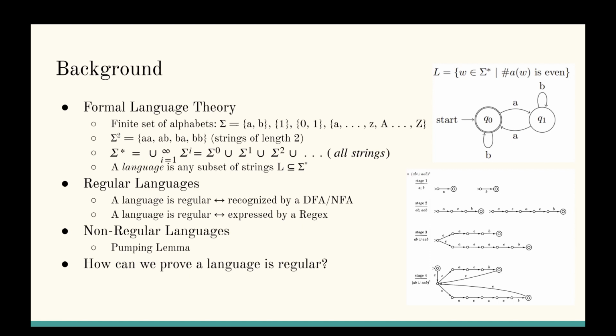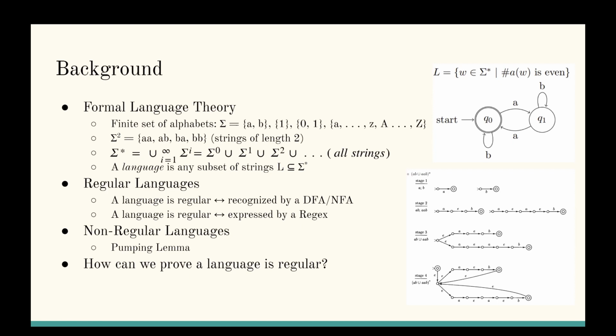A language in formal language theory is defined as any subset of strings, L subset of sigma star. In other words, a language is a collection of strings that can be constructed using characters from the alphabet sigma. For example, if we have the alphabet 0 and 1, then a language L over sigma could be the set of all binary strings that have an even number of zeros.